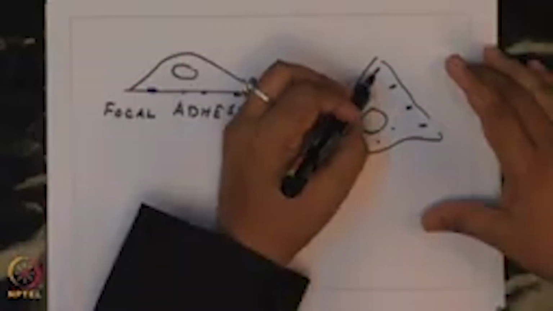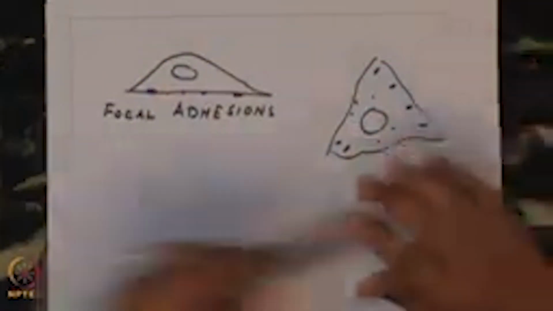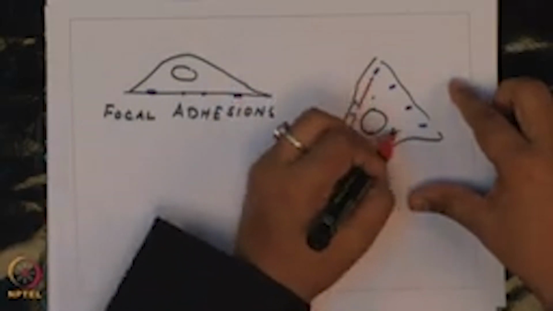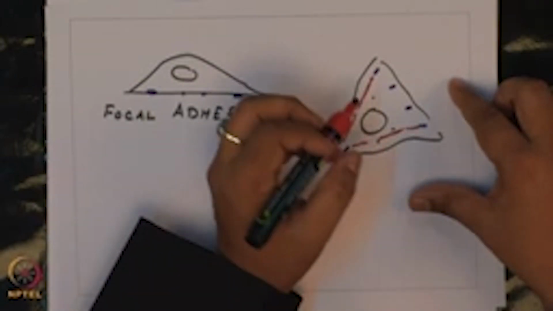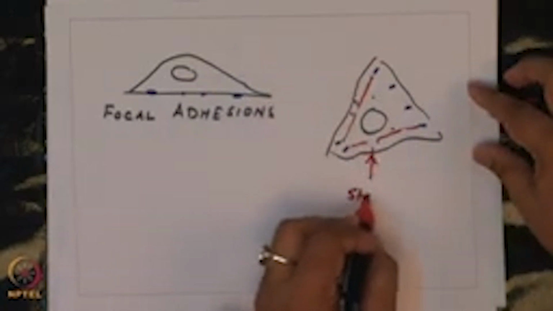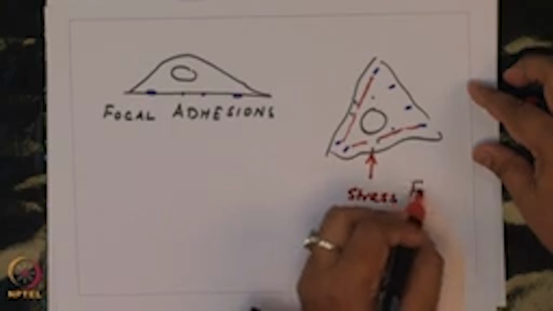When you see an image of a cell, what you will always find is that at the end of each of the focal adhesions, they are connected by these big stress fibers. So, these are nothing but stress fibers.